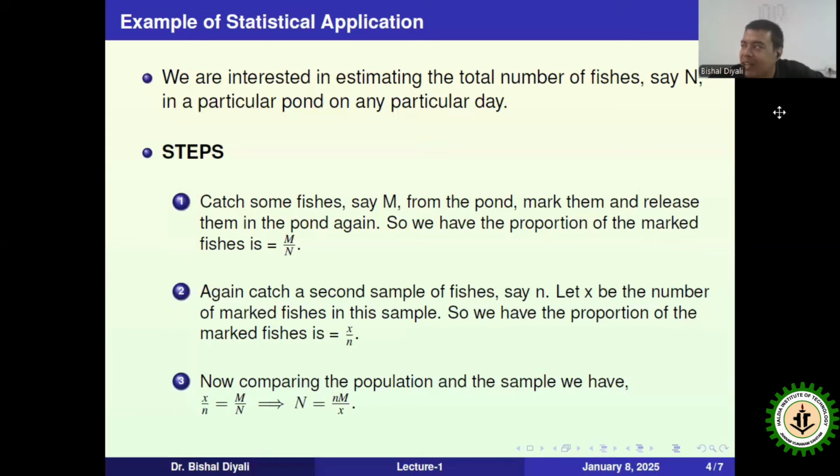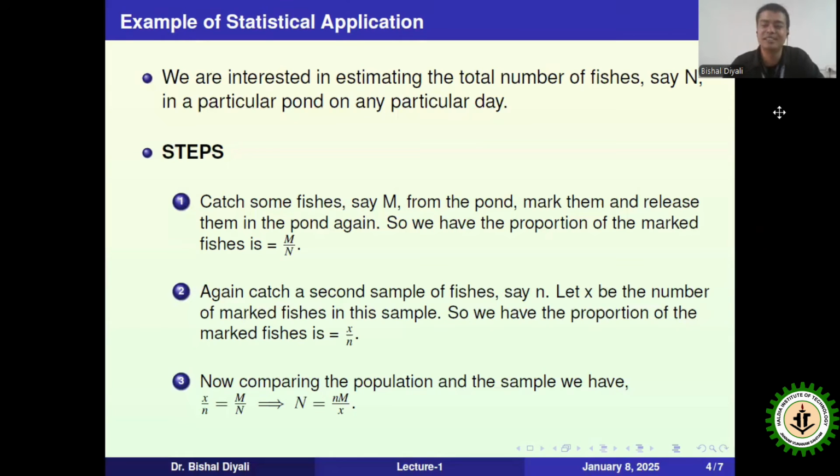In a similar way, we can calculate the number of tigers, or the number of stars. The method may vary; we have this marking here, and some other kind of technique can be used, but statistics will be used. It is used to know the value of the population parameter, maybe the population total, mean, standard deviation, or variance.